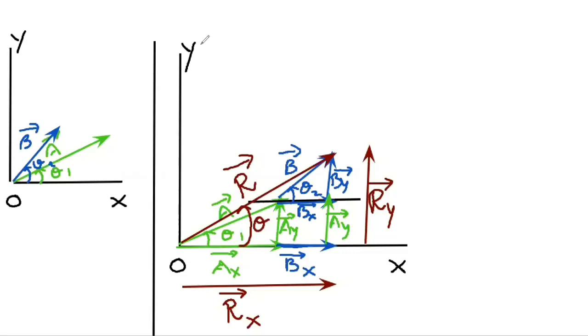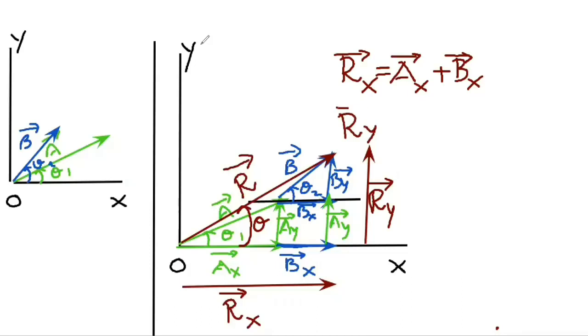Now, from figure, we observe that x component of vector R is equal to x component of vector A and x component of vector B. Similarly, y component of vector R is equal to y component of vector A and y component of vector B. Now every vector has a magnitude and direction.